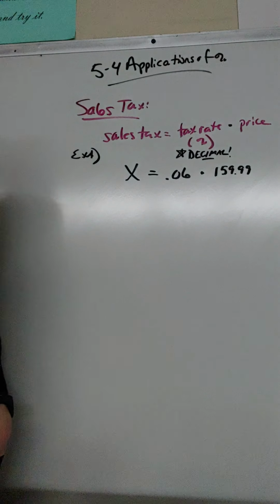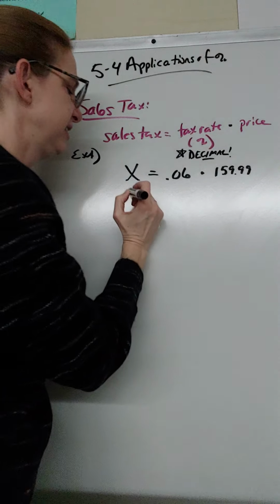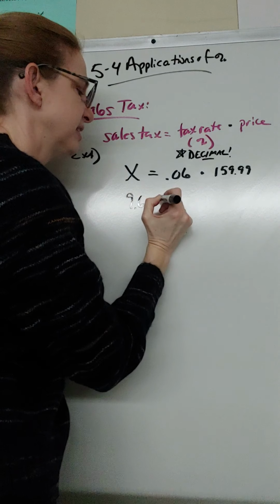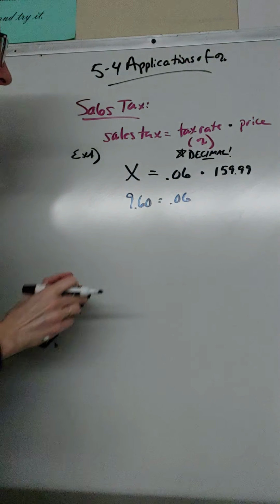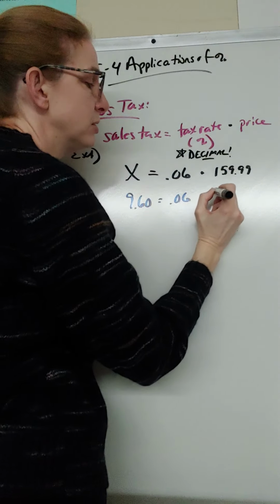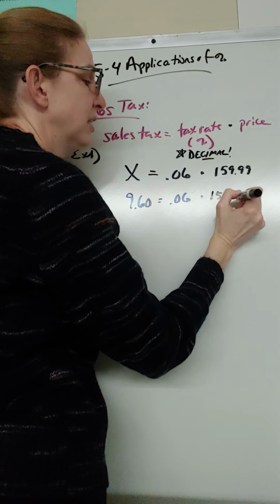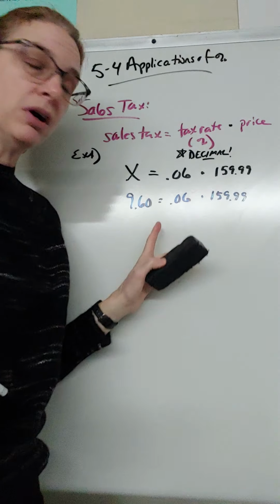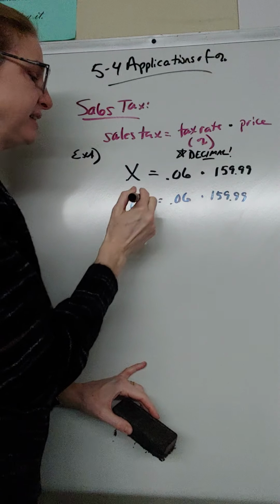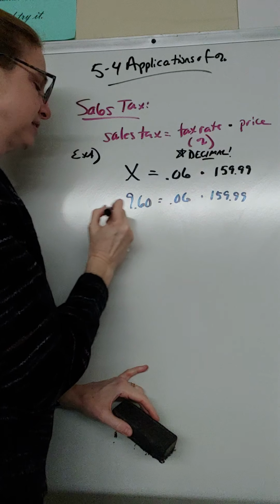When I do that formula, you can plug that into your calculator, and this is going to be $9.60. And remember, this is money, so you have to round it to 2 decimal places. If you have more than 2 decimal places, you just have to round it so you only have 2. So $9.60 is the amount I pay in sales tax.